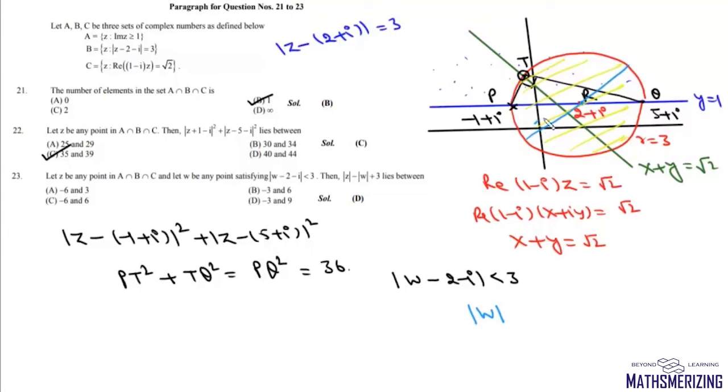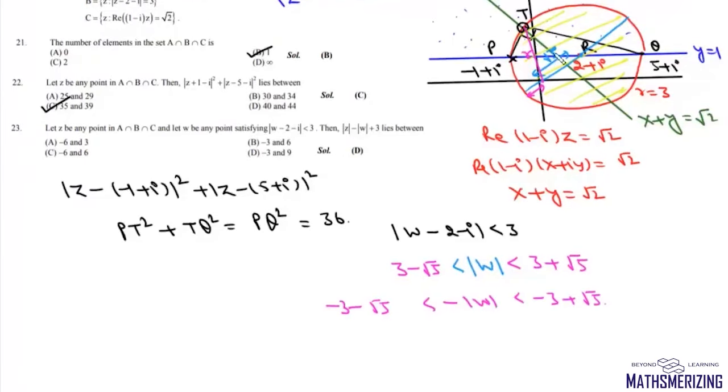Now this distance from origin to 2 plus iota is root 5. Now this is minimum distance, so it will be 3 minus root 5, and its maximum distance will be root 5 plus 3, so it will be 3 plus root 5.